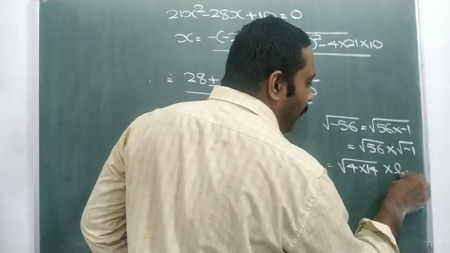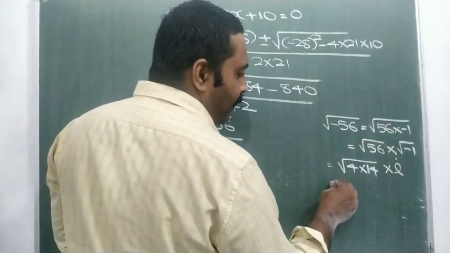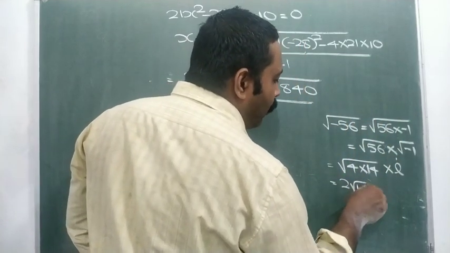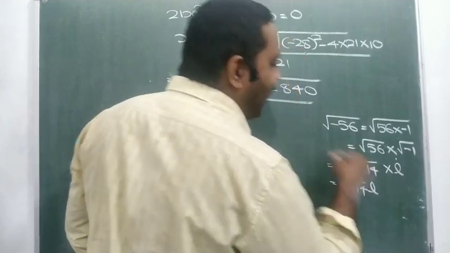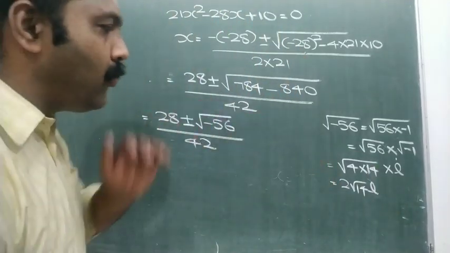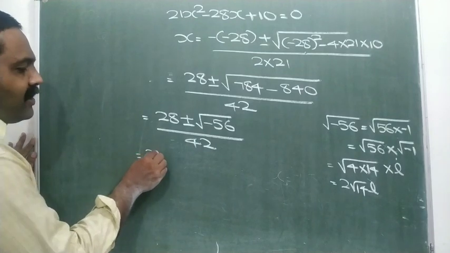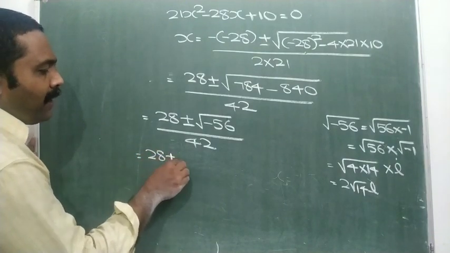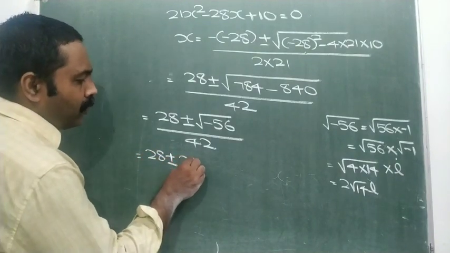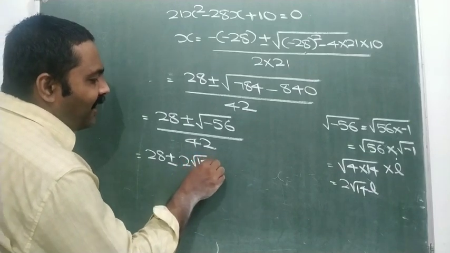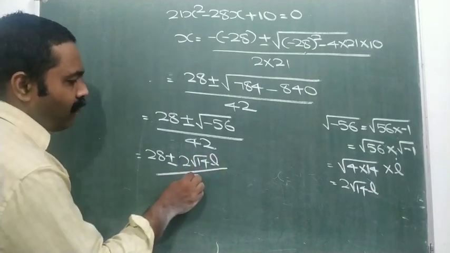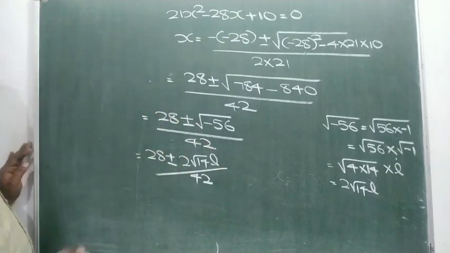Into root minus 1 is i. This is 2 root 14 i. Root of 4 is 2. Then 28 plus or minus 2 root 14 i by 42.